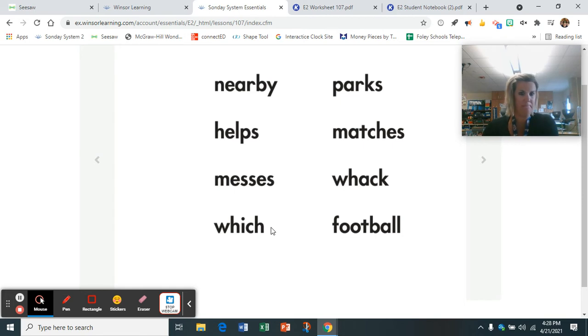Practice. Nearby, helps, messes, which, parks, matches, whack, football.